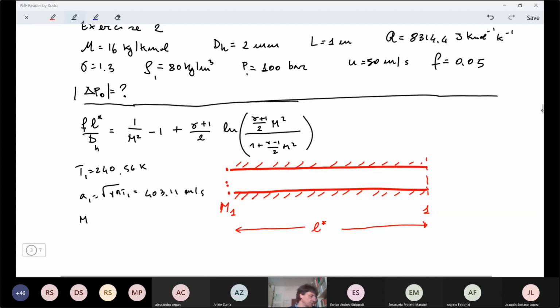And so, as we know the velocity here, we have that M1 is 0.124. As a consequence, we have our FL1 star over D, which is 59.36.